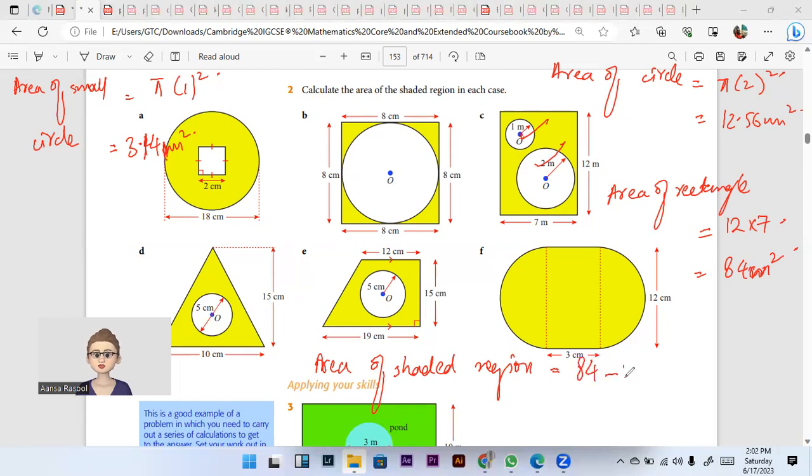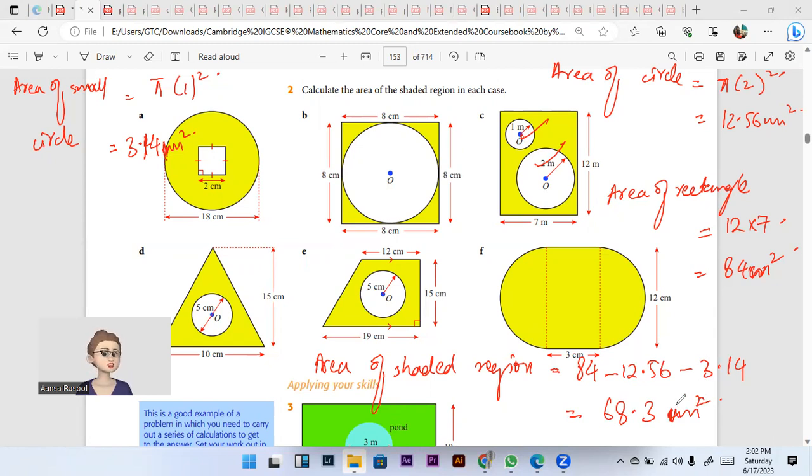So 84 minus 12.56 minus 3.14, you get 68.3 meter square. Okay, so that's how easy it is.